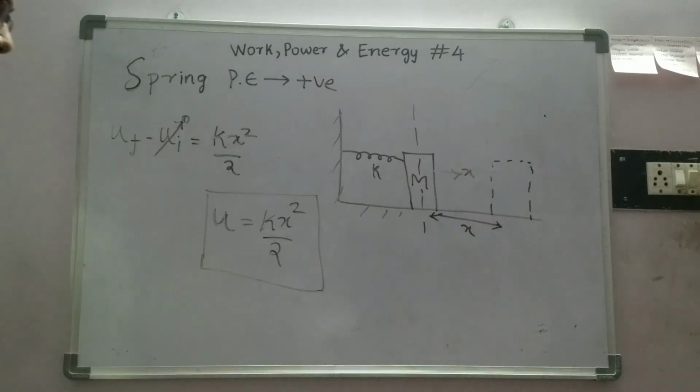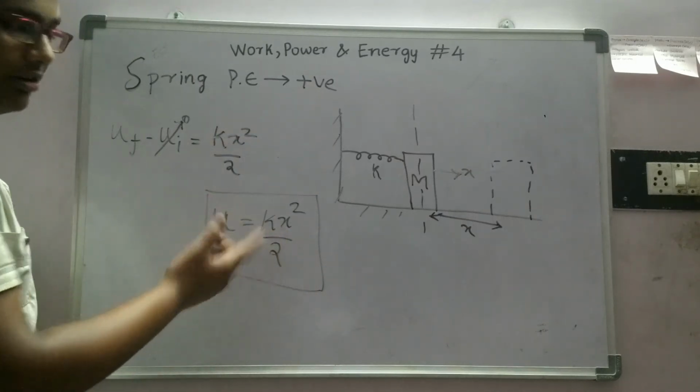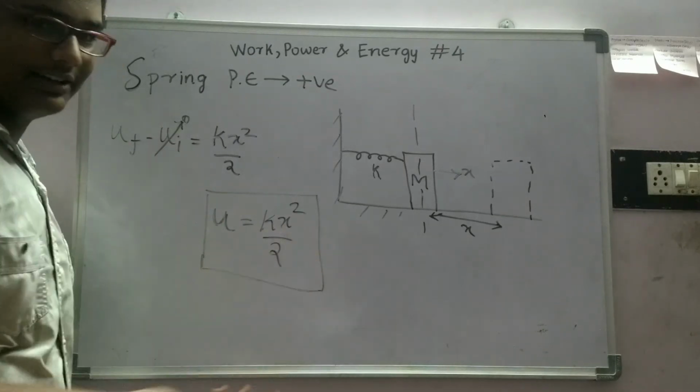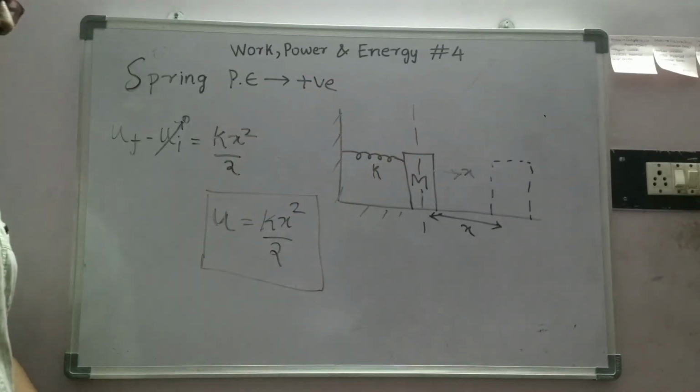It is kx square by 2. As we said, it is always positive. See, k is always positive and 2 is positive and the square of anything is positive. So, spring potential energy is always positive.